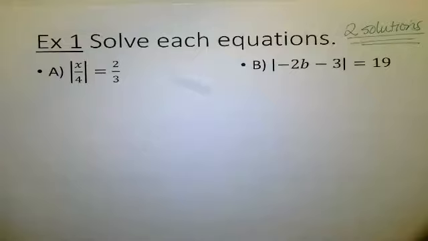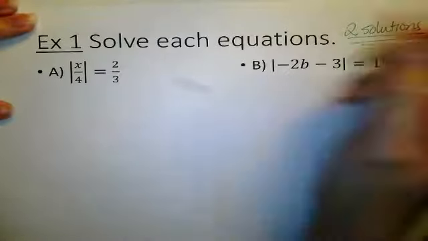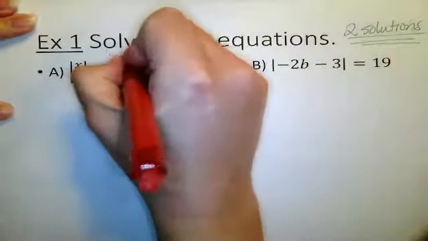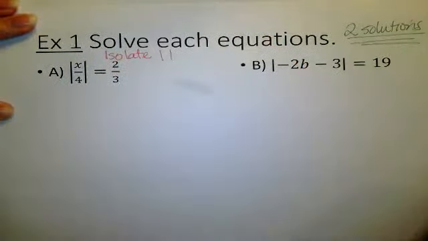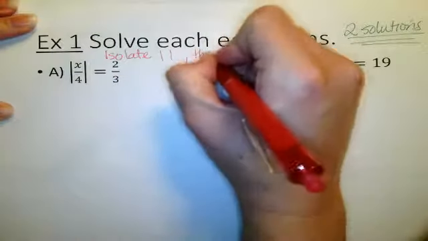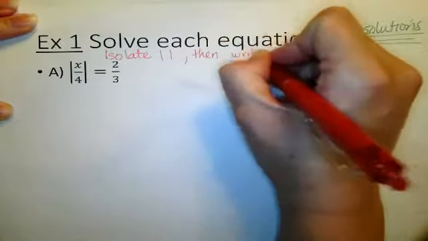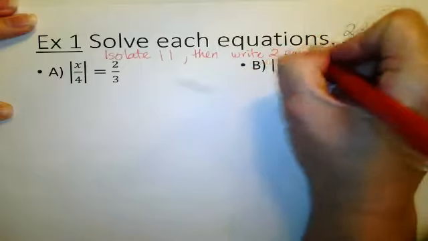Now, what we want to do when we're solving absolute value, the best thing to do is always to remember to isolate the absolute value first. Then write two equations.